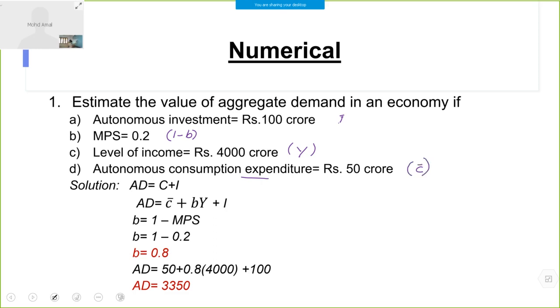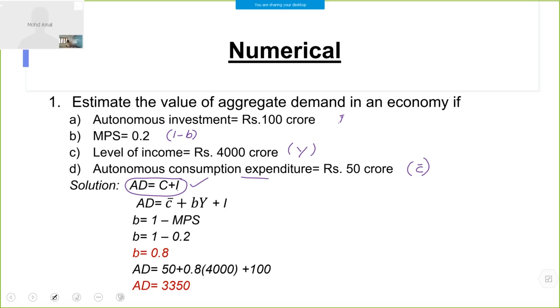You just identify what all is given. Then think which formula we can apply here. Investment is there, consumption is there, saving is not there. So we can take AD is equal to C plus I. AD is equal to C plus I, AS is equal to C plus S. Here two concepts, investment and consumption, so we can use this formula.